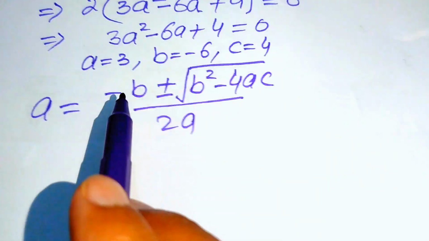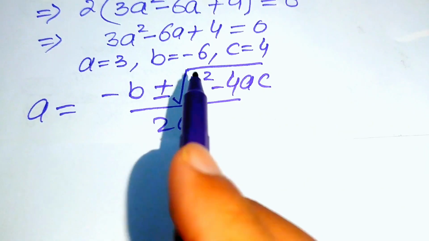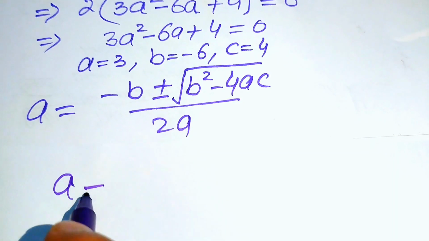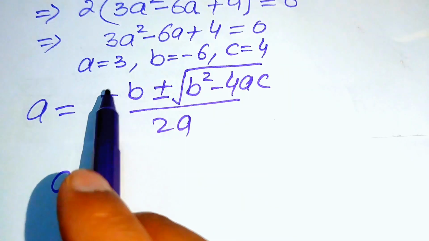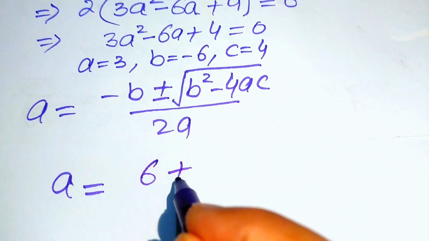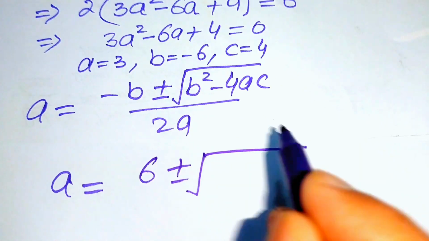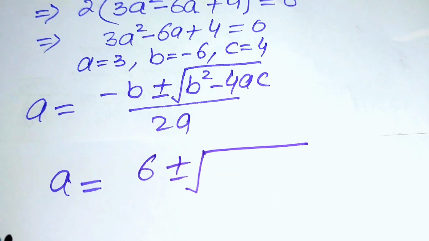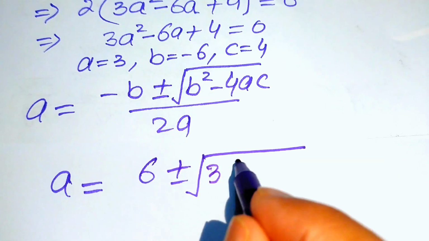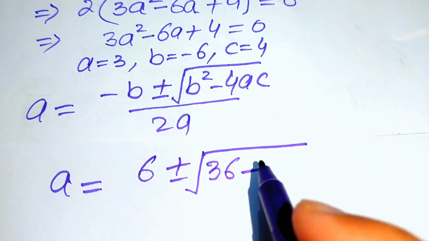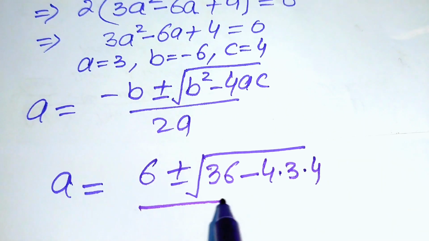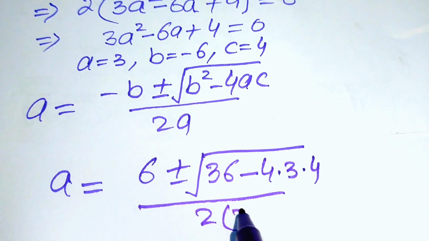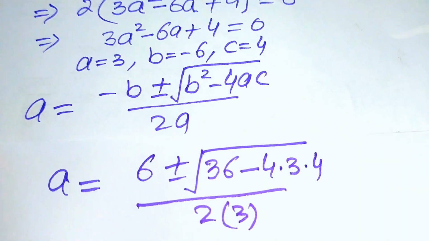Now we substitute all these values of a, b and c in this formula, and it becomes a equals minus b, and the value of b is minus 6, so minus times minus becomes plus 6, plus or minus the square root of b squared. Our b is minus 6, and minus 6 squared becomes plus 36, minus 4 times a, which is 3, and c, which is 4, and this whole thing is divided by 2 times a, and our a is 3.